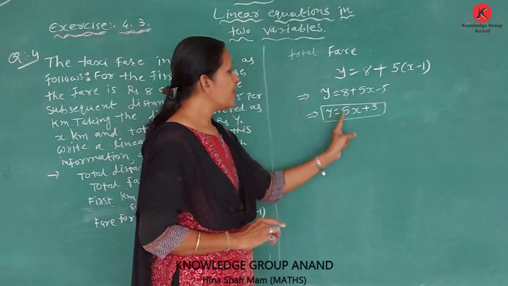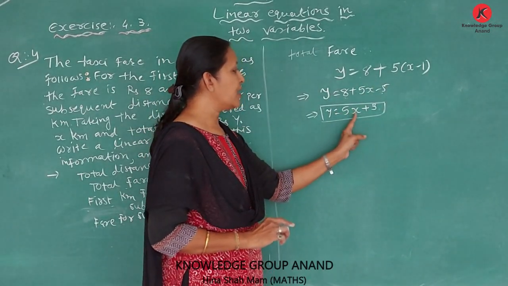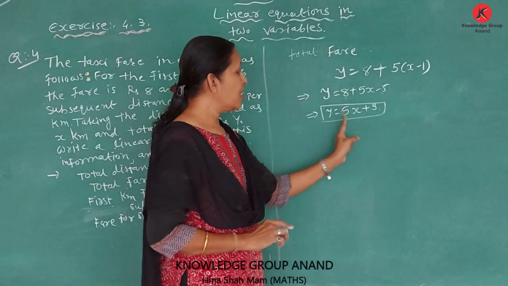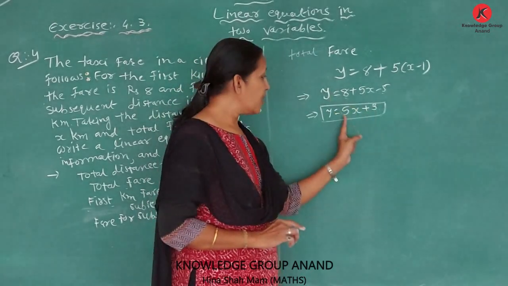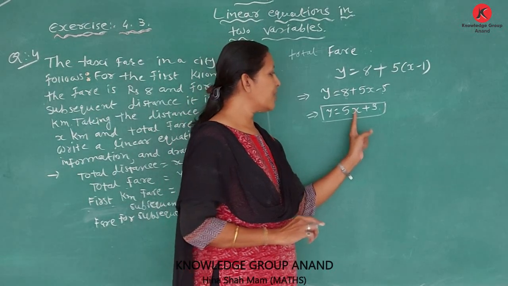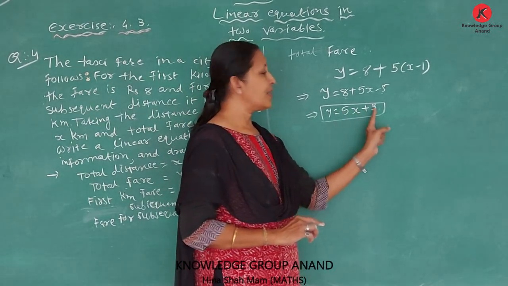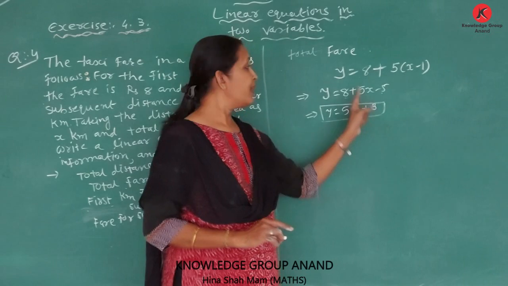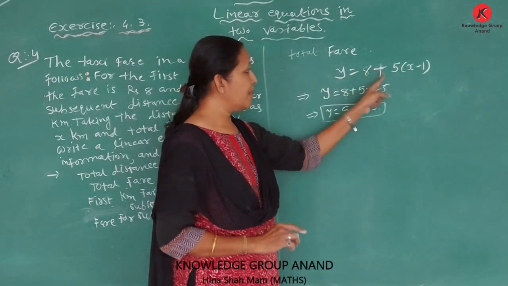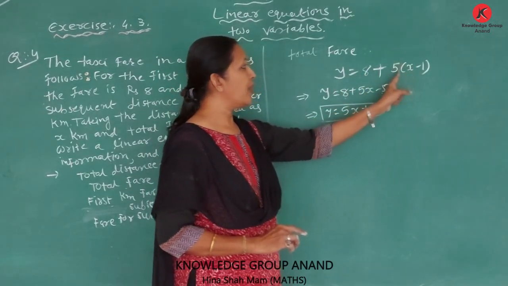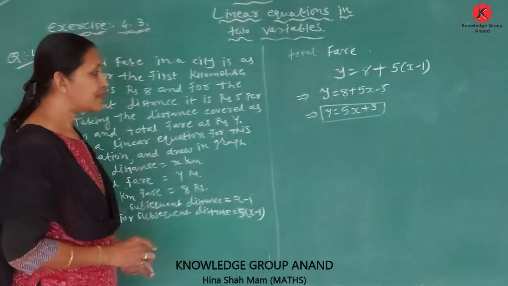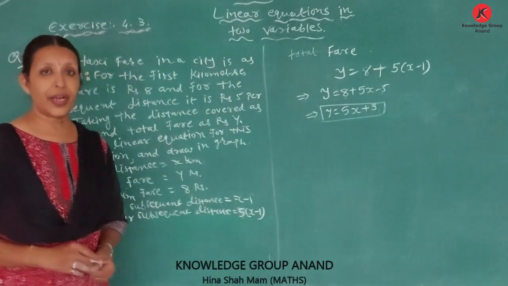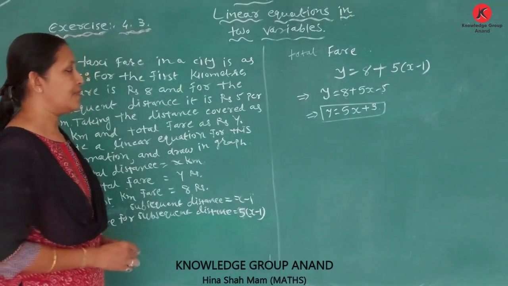Now calculate y for 2 kilometers: 5 twos are 10 plus 3, 13. For 3 kilometers, 5 threes are 15 plus 3, 18. Here y is equal to 8 plus 3 minus 1, 2, 5 twos are 10, 8 plus 10 is equal to 18. y is equal to 5x plus 3.